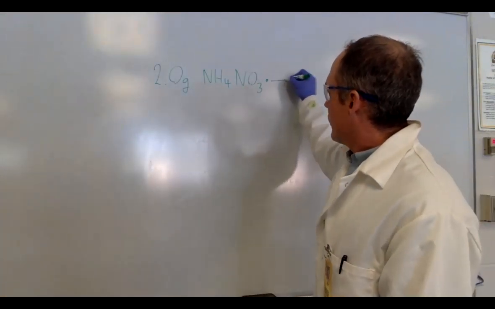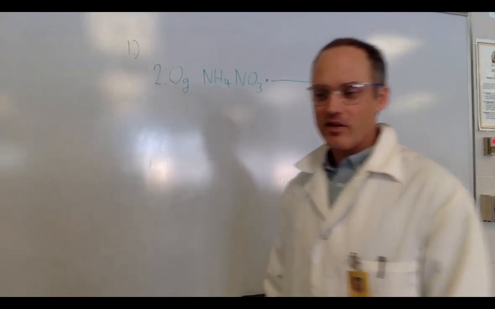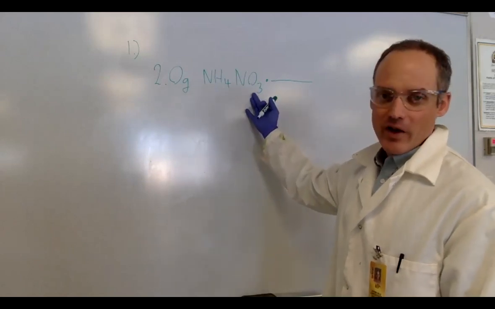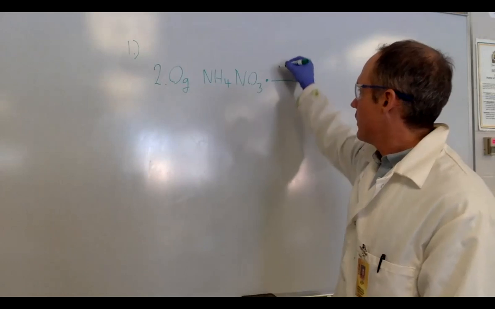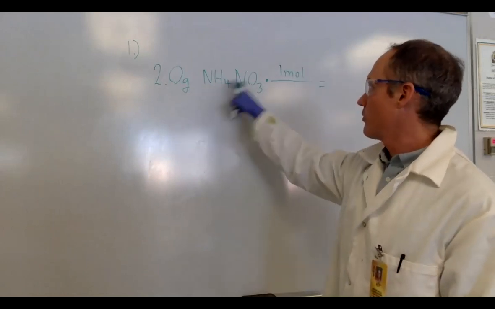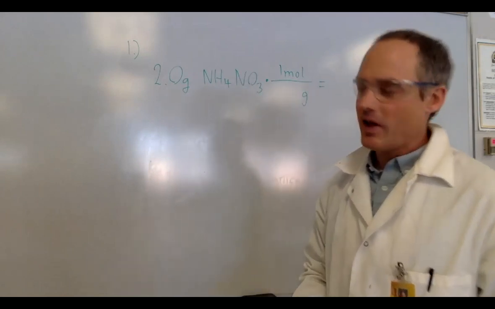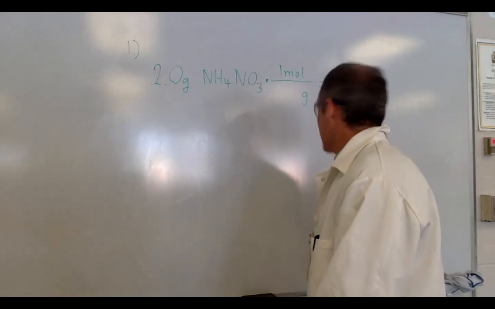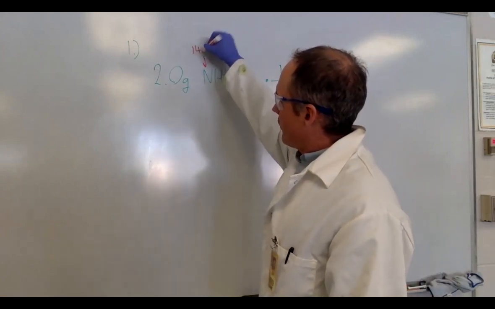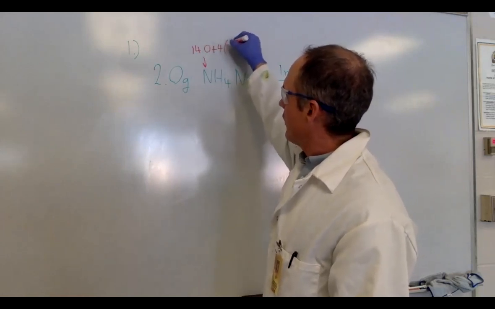This is pre-lab exercise number 1. To do that conversion, we need to know the formula mass of the ammonium nitrate, because our conversion from grams to moles requires a formula mass. Using your periodic table, we can see that nitrogen has a mass of 14, hydrogen has a mass of 1.